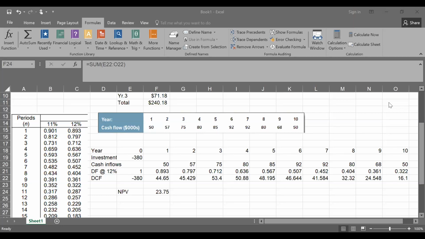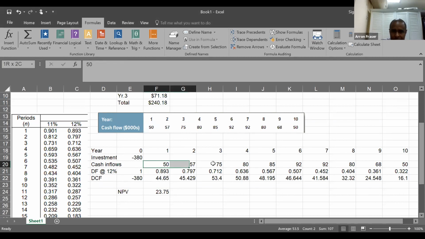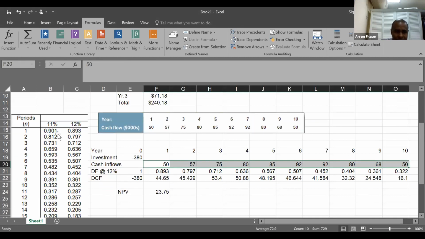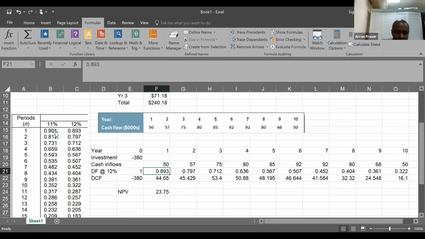Sir. Go ahead. For the table, I didn't get to complete the ending part. Could you please explain the last part, the DCF? Good. So for the DCF, you'll take the cash flows given in the question. And then we use the 12% discount factor, and every period represents a year.